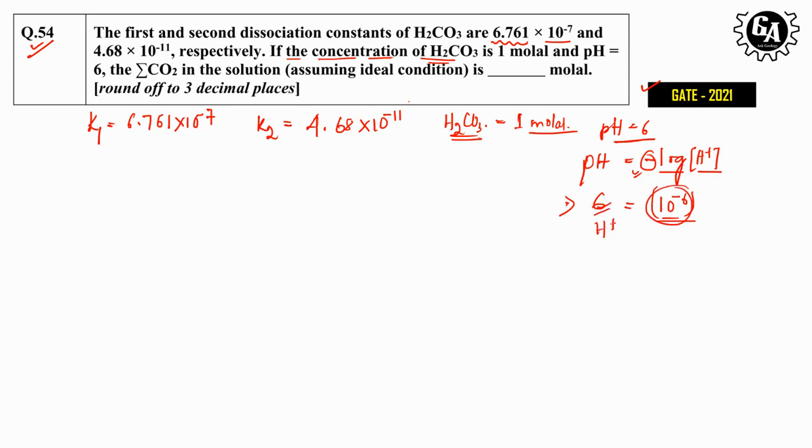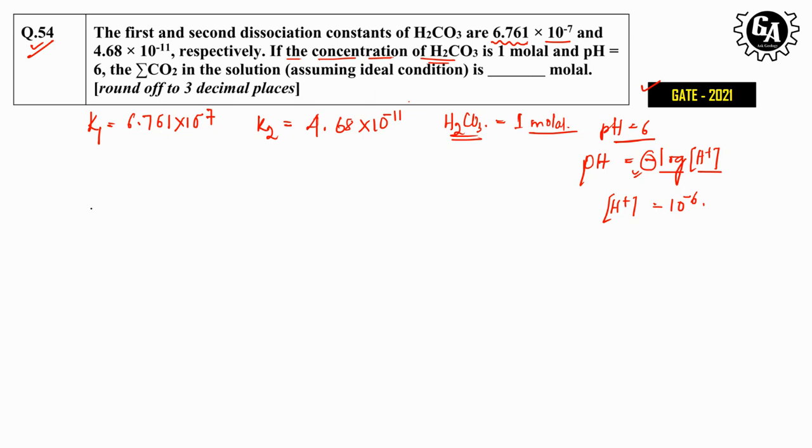That will be the H plus concentration. And if we take minus of log of 10 to the power minus 6, then pH will be 6. So pH is the negative logarithm of H plus concentration, and the H plus concentration will be 10 to the power minus 6. These are the data we will be using in this numerical.